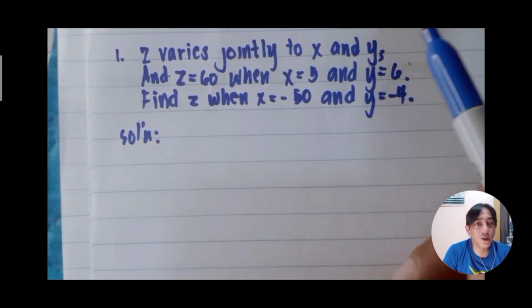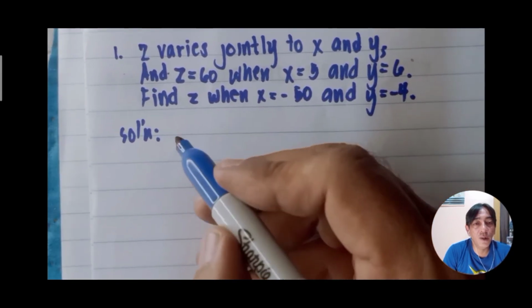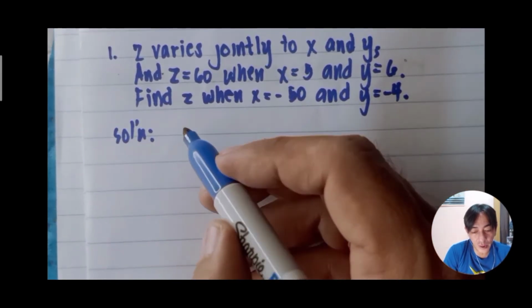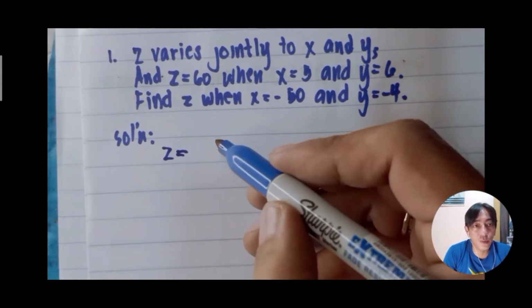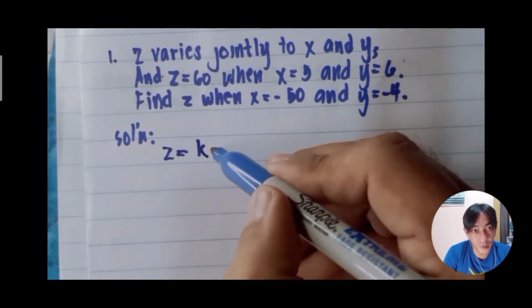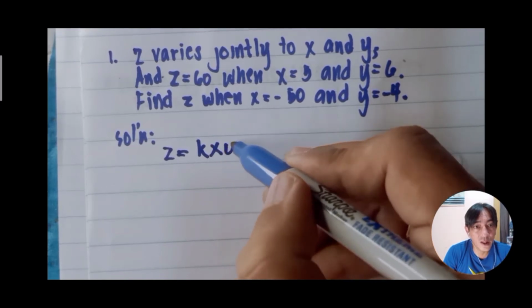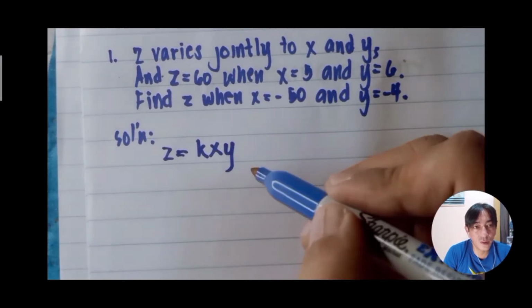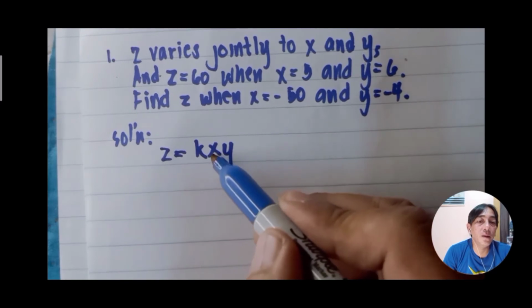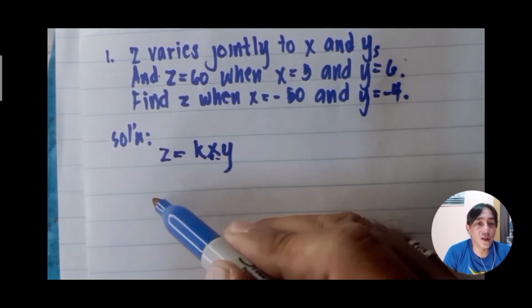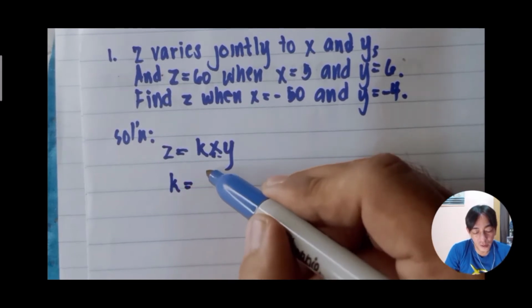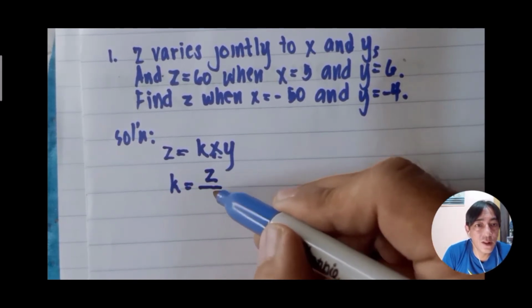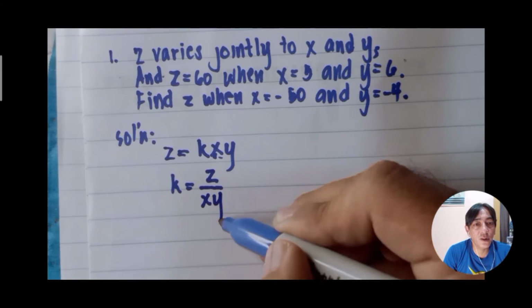So z varies jointly to x and y means sa mathematical equation it will be z is equal to k times the product of x and y. So if we find the formula for the constant, ilipat natin yung xy sa kabilang side. So k now is equal to z over xy.